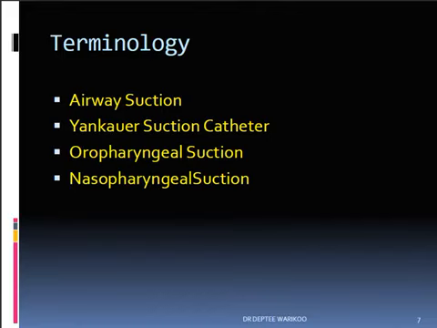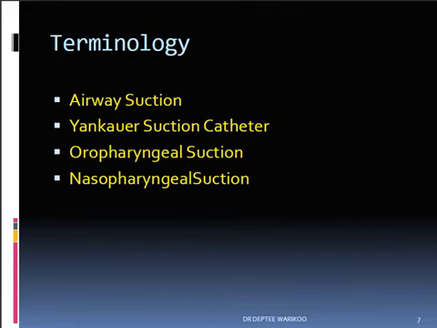Then oropharyngeal suctioning requires the use of an airway adjunct. Then nasopharyngeal suctioning, it may be undertaken directly via the nostrils without any airway adjunct. If repeated suction is anticipated, a nasopharyngeal airway should be utilized.